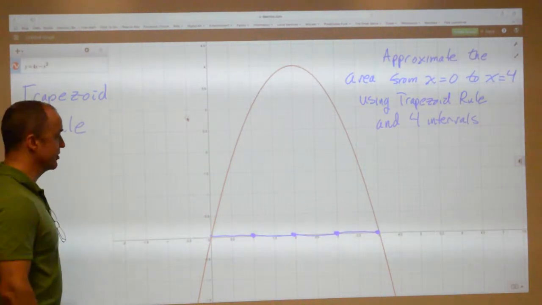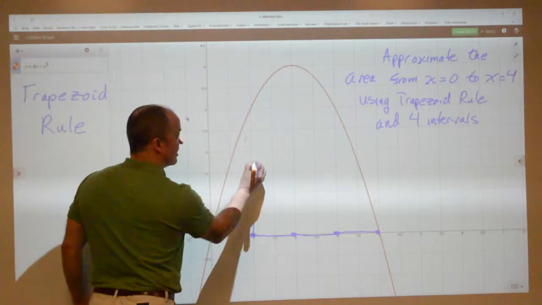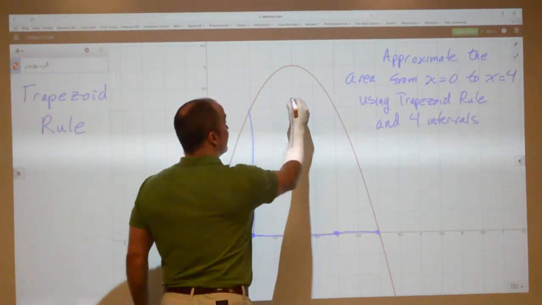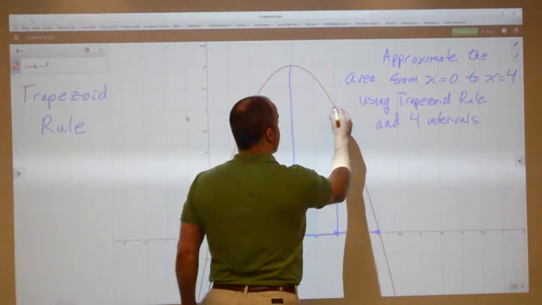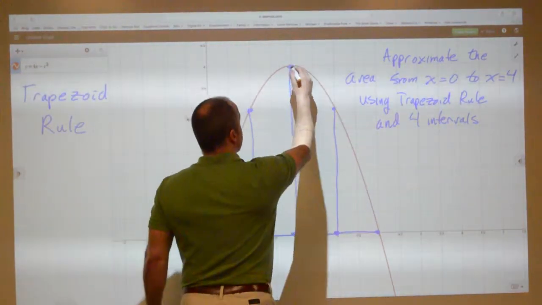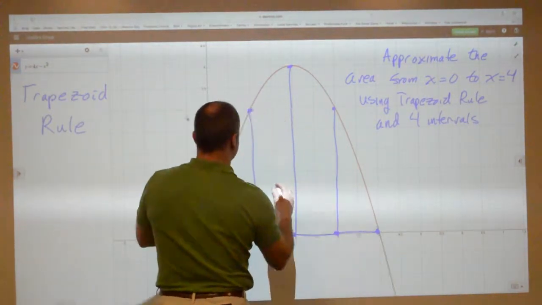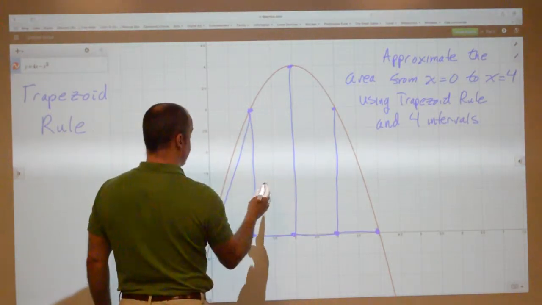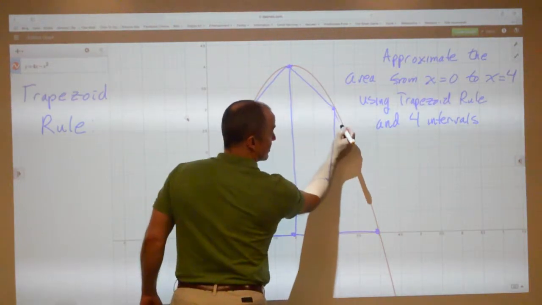But in this case, I'm going to go up to my function, and I'm going to connect the 5 endpoints with straight lines.